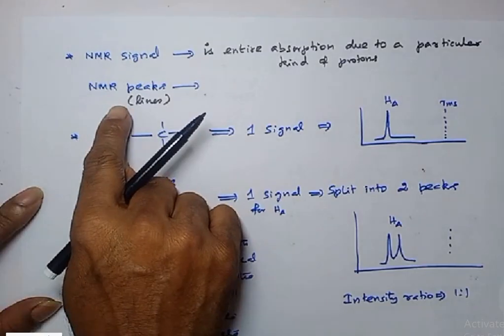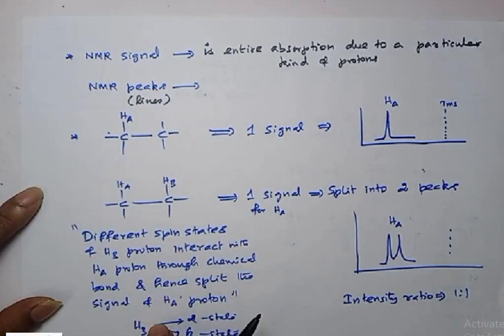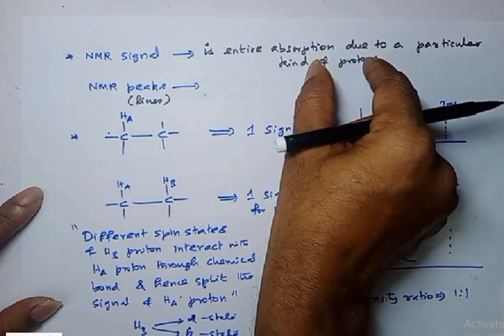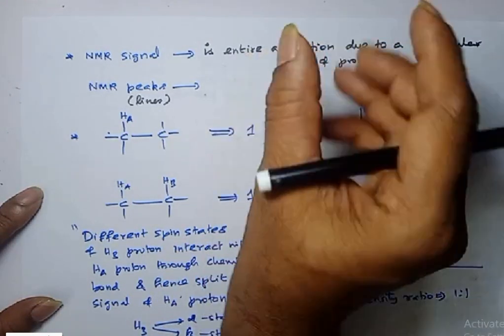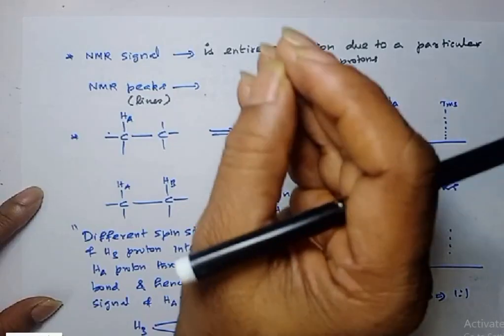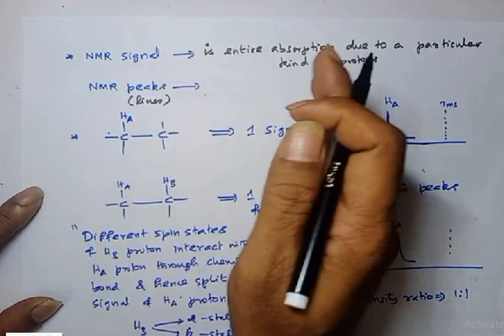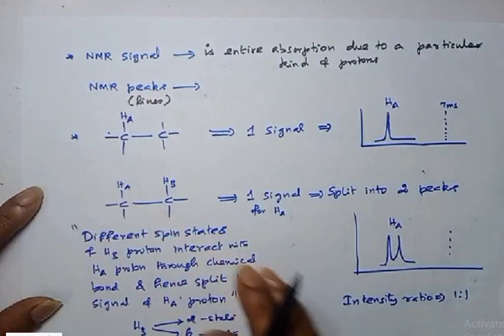What is meant by peaks? Due to spin-spin splitting, the signal that we obtain for a particular group of protons gets split up, and splitting of the signal gives what are called peaks.